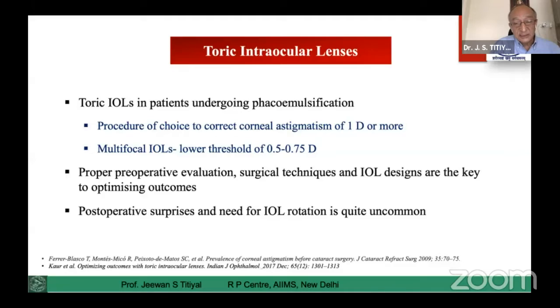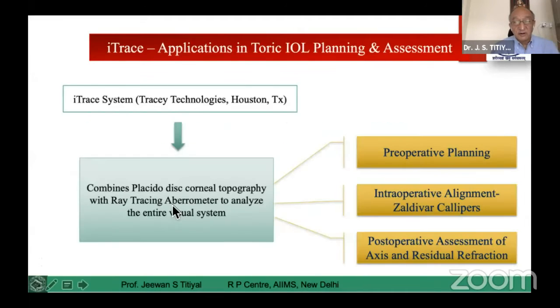Interestingly and fortunately, post-op surprises after toric IOL implantation are not that common, and therefore the results have been quite encouraging. Many people know that toric IOLs are the lenses for correcting corneal astigmatism for all patients undergoing cataract surgery.